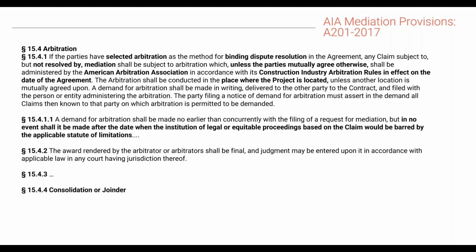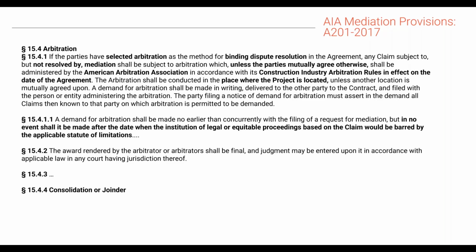Consolidation is where one or more cases that have the same core set of facts are consolidated into one proceeding to save resources. Joinder is where other parties are added to the dispute because you need the other parties to be present to get a full resolution of the conflict. There are more rules around that, but that's sort of the baseline version of it.